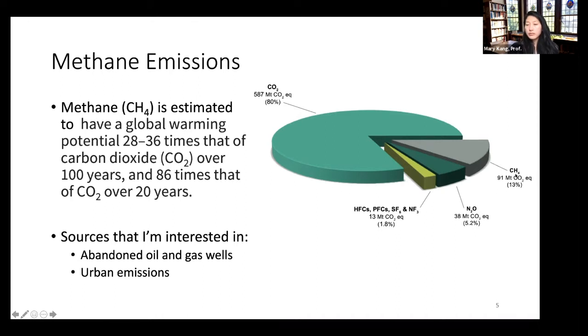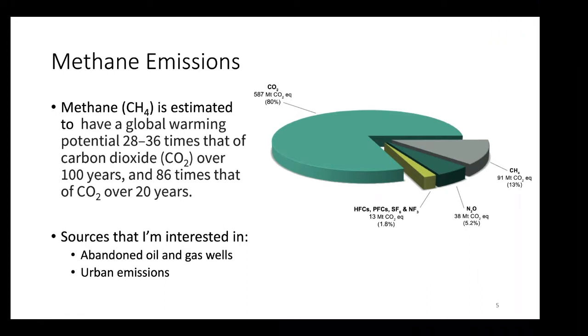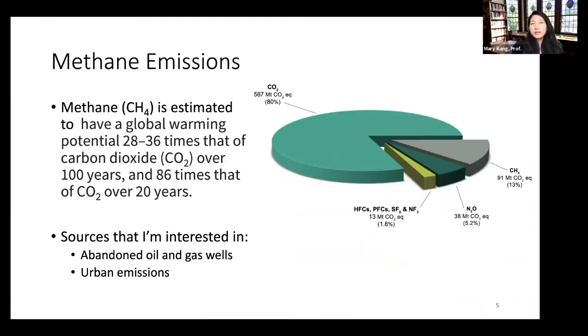It's 13% methane, but again, that's using a lower global warming potential. Even if you use 25, it's still a very important part of that pie. And it's going back to this time frame issue. Methane is also very important to reduce if you want to have impacts in the short term.